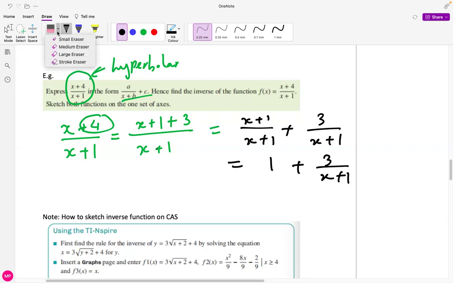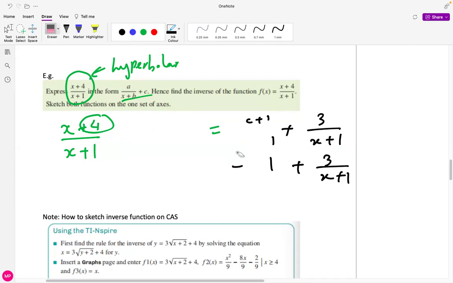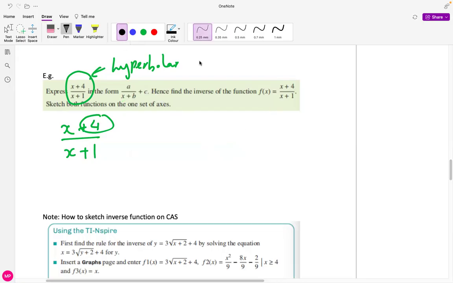Another way, which is more common and can apply in harder cases, is to just use long division. So here I have (x + 4)/(x + 1). So you do it like that. x divided by x gives you 1. And then you multiply backward. 1 times x is x. 1 times 1 equals 1.